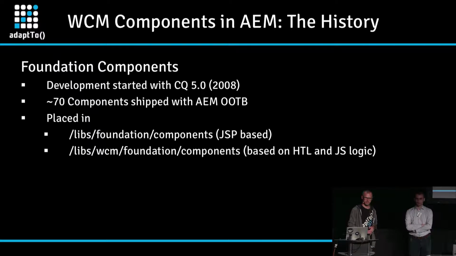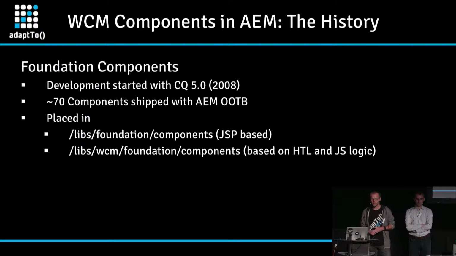The foundation components are placed in two locations in your JCR. The old ones, which are based on JSP, are placed in libs/foundation/components. These are the ones that started with CQ 5.0.